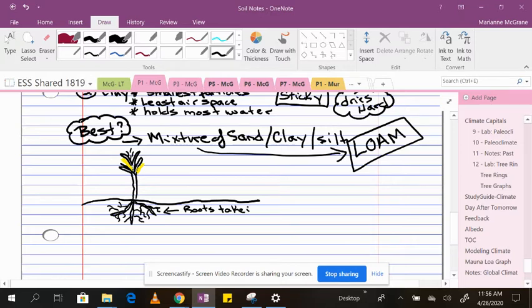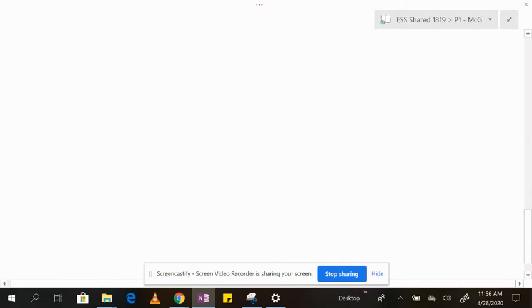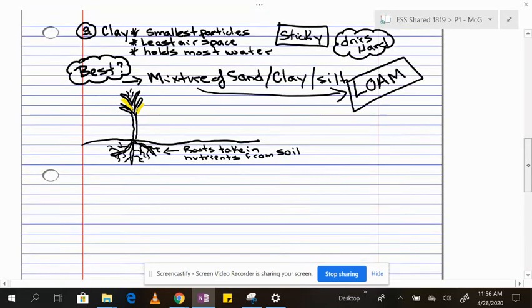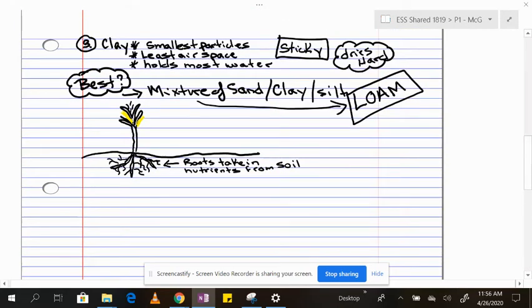take in nutrients from the soil. So the soil provides nutrients to the roots, but the roots then also help the soil.